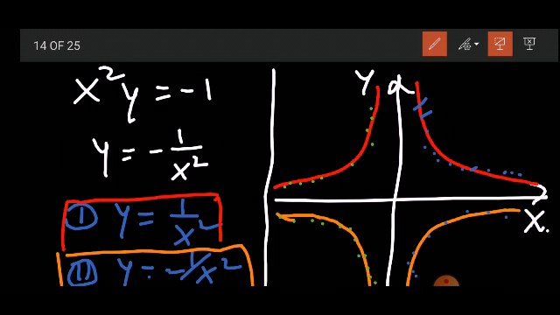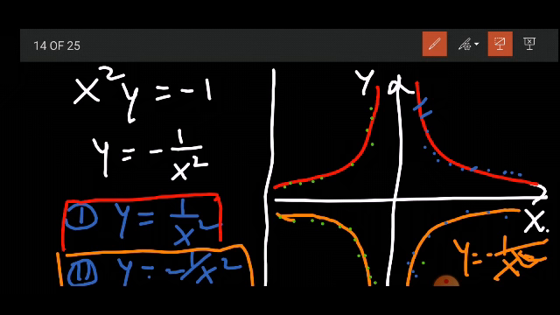So what we get in the third and fourth quadrant is the graph of y equal to minus 1 by x square. Let me write down y equal to minus 1 by x square.